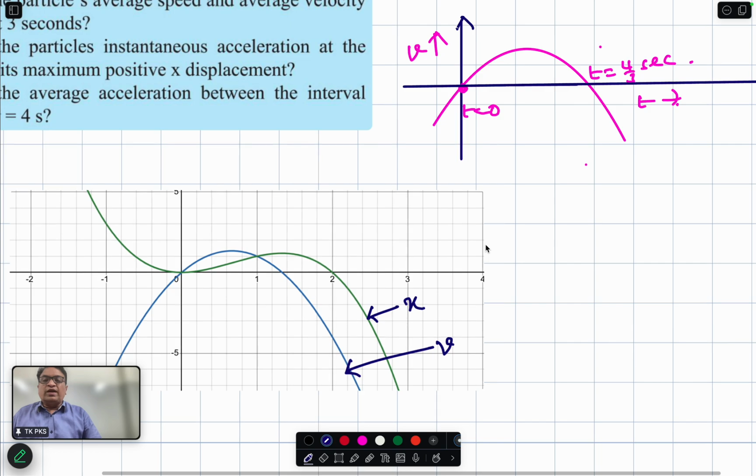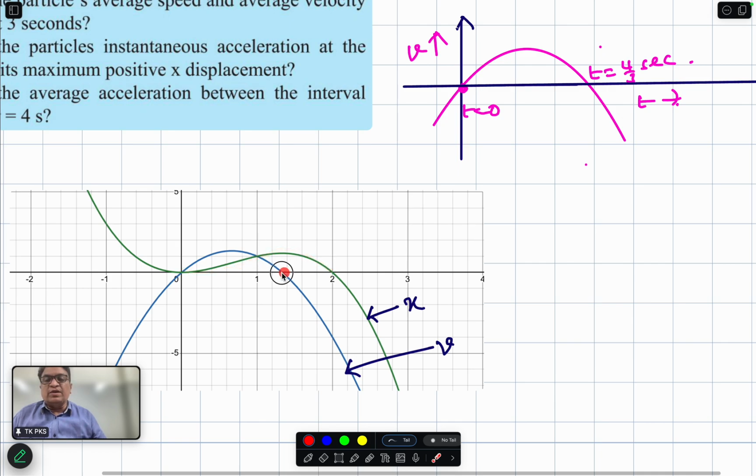If you notice very carefully, during this particular stage, till some time the object is in positive x side.